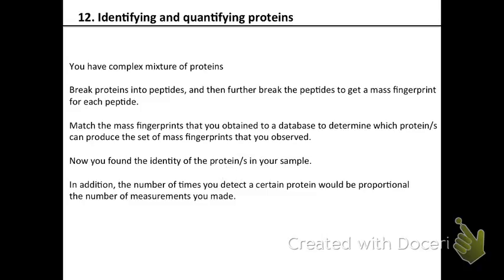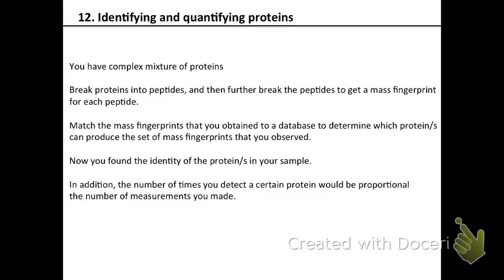If you see a certain population of peptides many times matching to a certain protein, you know that that protein in your sample was abundant. But if you see one or two peptides that match a certain protein, but only a few times, you know that protein in your sample was less abundant.